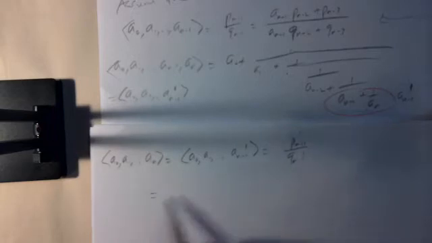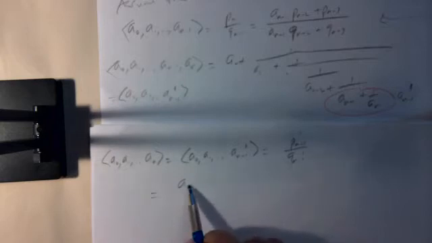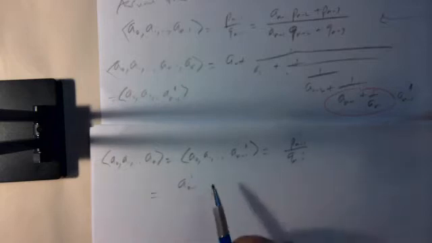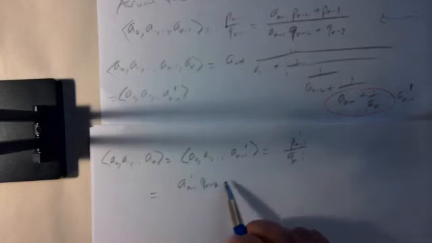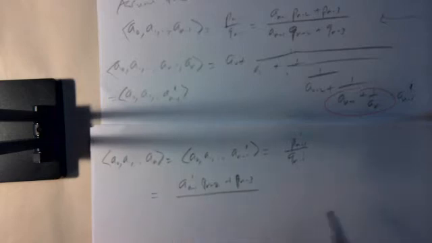This is equal to a sub n minus 1 prime, P sub n minus 2 plus P sub n minus 3, over a sub n minus 1 prime, Q sub n minus 2 plus Q sub n minus 3. That's our formula for n minus 1. That's the induction hypothesis.